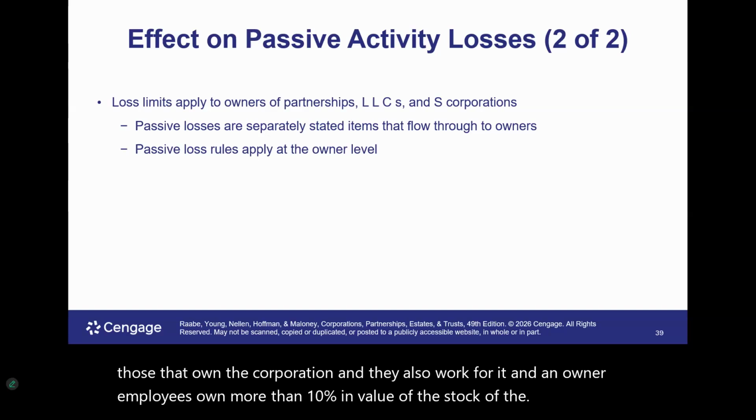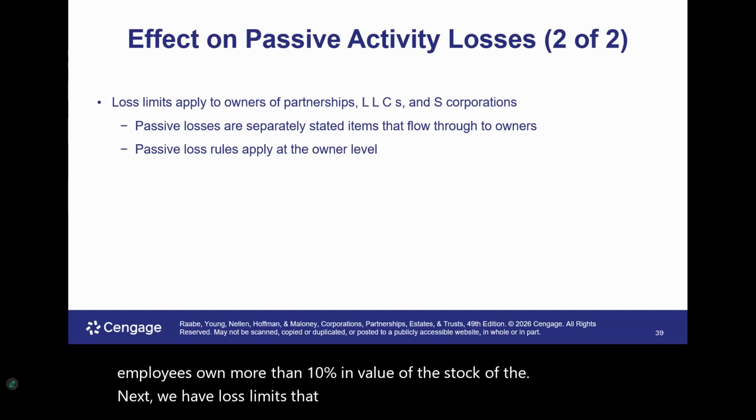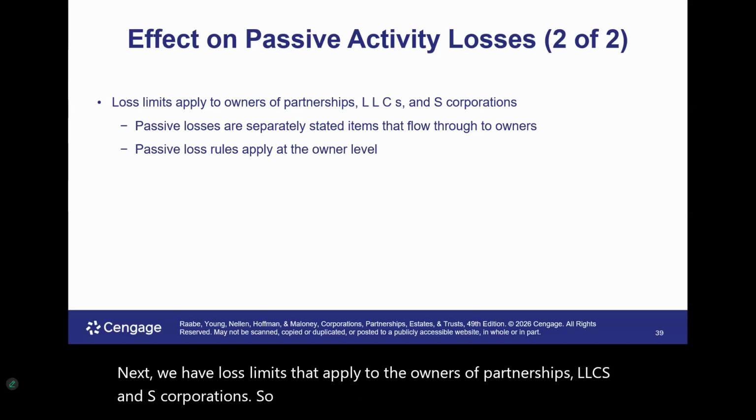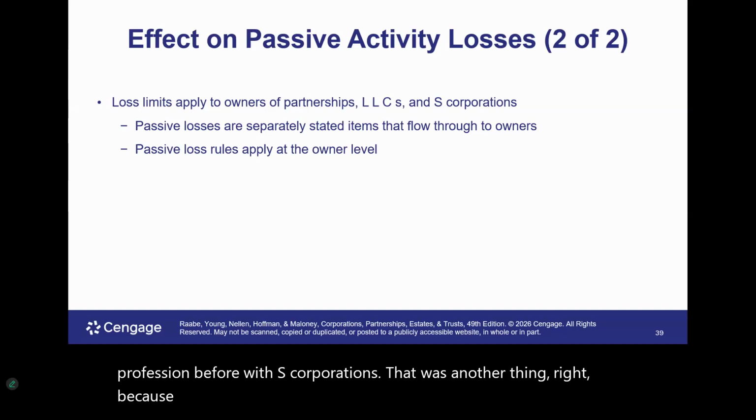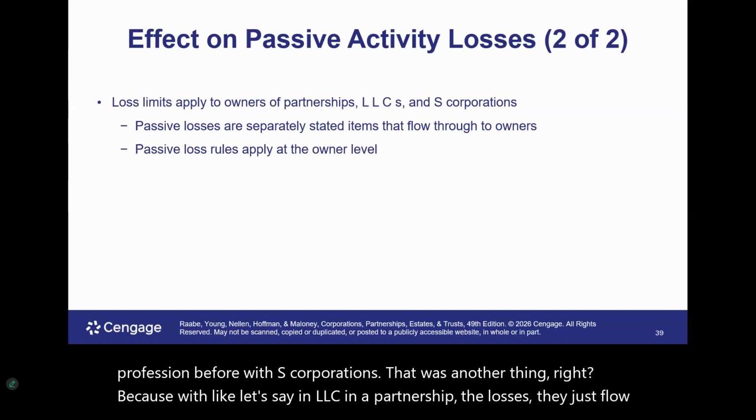Next, we have loss limits that apply to the owners of partnerships, LLCs, and S corporations. So this is another thing that I started seeing in the profession. Before with S corporations, that was another thing, right? Because with, let's say, an LLC and a partnership, the losses just flow right through to the individual, to some extent.